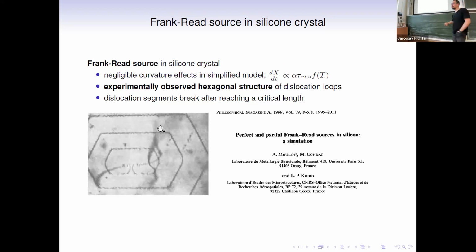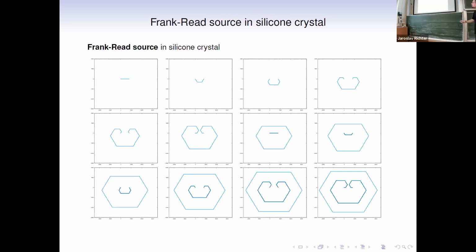So recently I tried to apply our model, even if it's not suited to such a problem. I tried to tune it a little bit and apply it, because there was a heuristic criterion experimentally observed for how the dislocation segments break and form a hexagonal structure after reaching some critical length. This is what our model actually produced, 4 times 3, 12 stages.